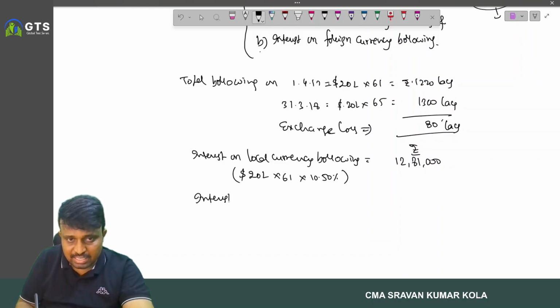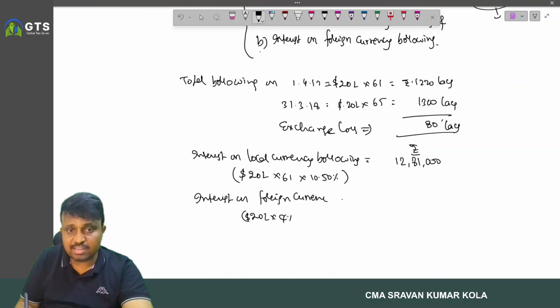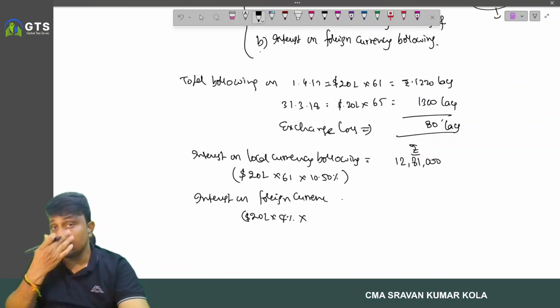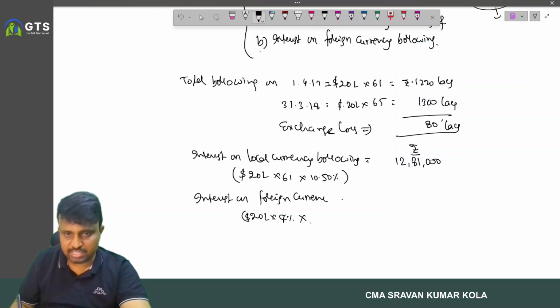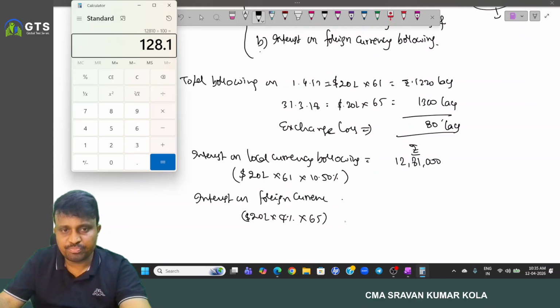And what is the interest on foreign currency borrowing? So 20 lakh dollar into what is the rate? We have 4%, and the interest is payable at the end of the year, so we have to apply the closing rate, nothing but 65 rupees.